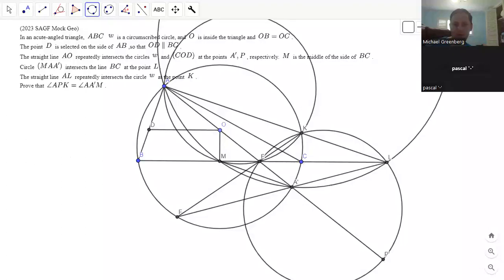Well, it looks like AF is the AC median. Oh, okay. That's interesting. Oh, that would mean ABF. Oh, well, yeah, because it's equivalent to ABFC being harmonic. So yeah, F would be the median.